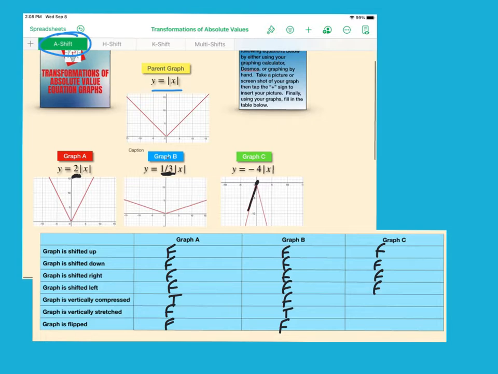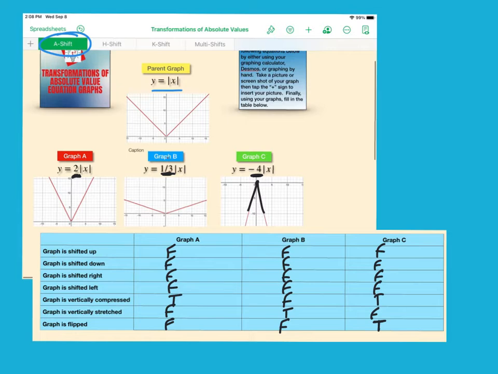What is this angle? Is that narrower or wider than the original? It'd be narrower, right? So it did compress, didn't stretch. Did it flip? Yeah. It did flip. What do you think caused that to flip? Why did that one flip and none of the others flipped? What does it have that none of the others had?